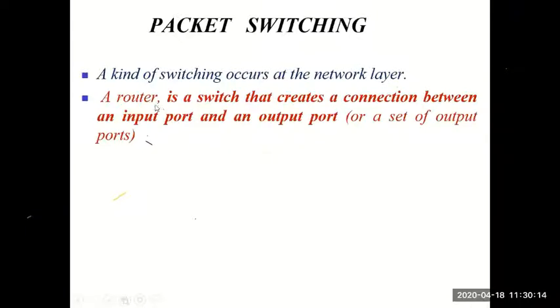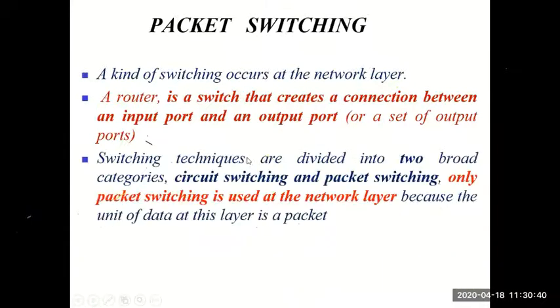So what is a router? Router is the device which works in the network layer, and the main job of this router is to create a connection between an input port and an output port if it is unicast, or a single input port and multiple output ports if it is multicast. So this job should be done by the router.